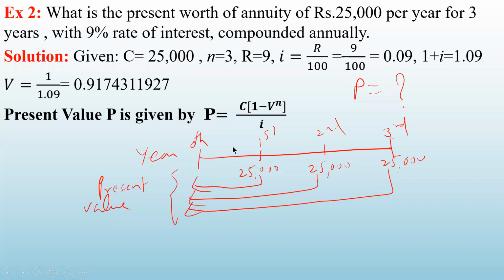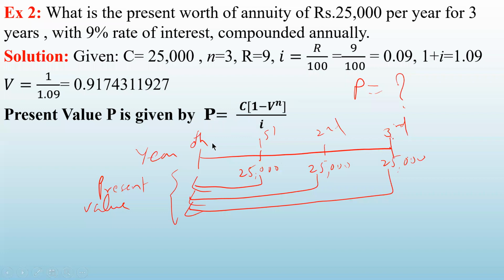In this formula there are 4 unknowns: P, C, V, and N. If you know I, you know V, because V depends on I. If you know any 3, you can find the 4th one. Here you are given C, V, N, and I, so let us find the value of P.